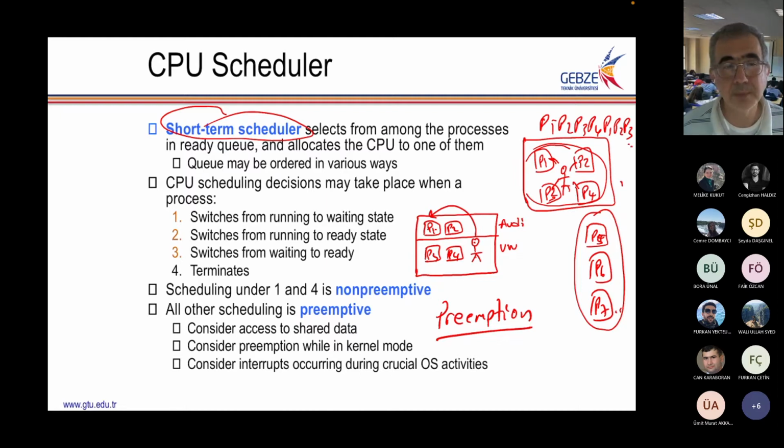The dispatcher tells that. So in order to tell that, preemption can be done, and scheduling decisions must be performed.